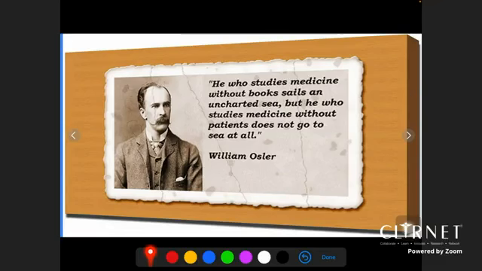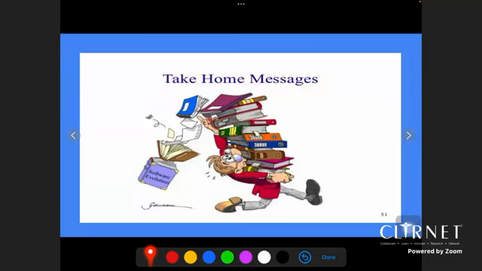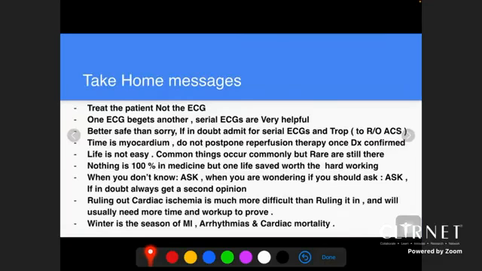Finally, we'll summarize the take-home messages from this lecture. First, treat the patient, not the ECG. So never look at the ECG without knowing data about the patient or seeing the patient yourself. Whatever decision you give on an ECG will not be correct without seeing the patient or knowing his clinical data.